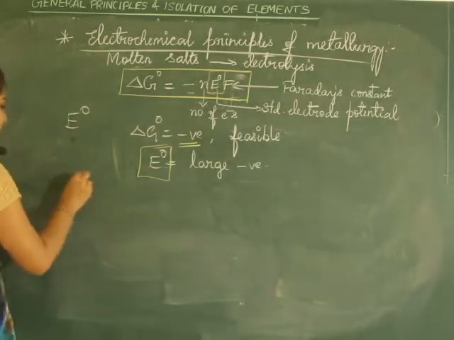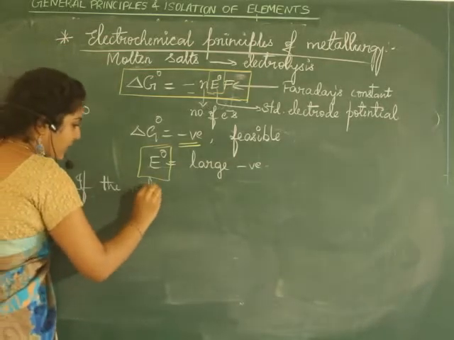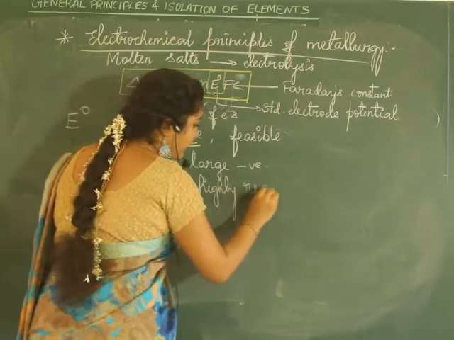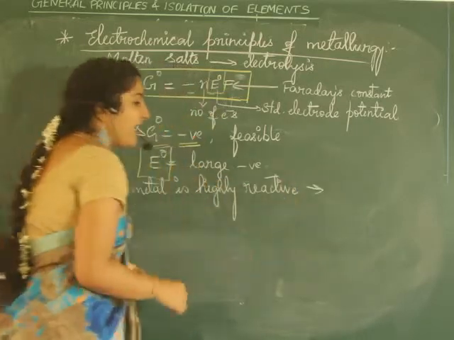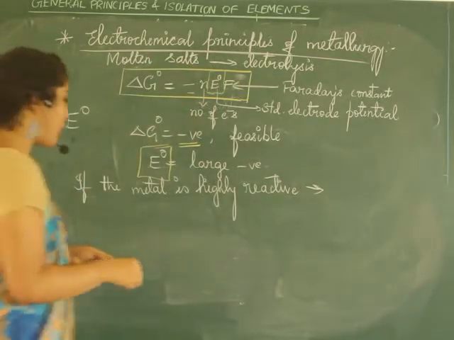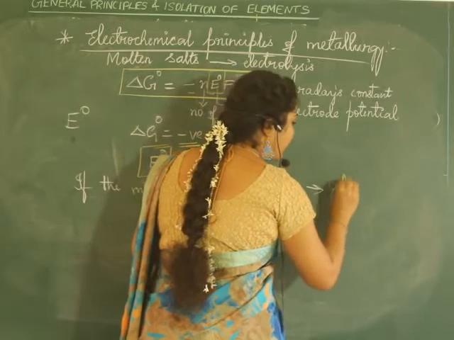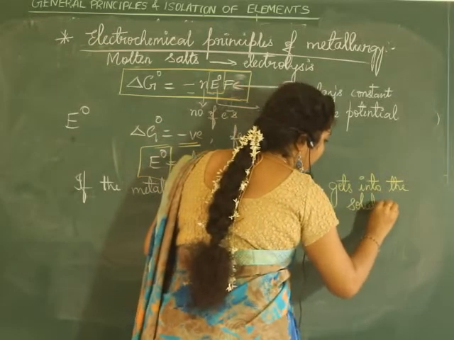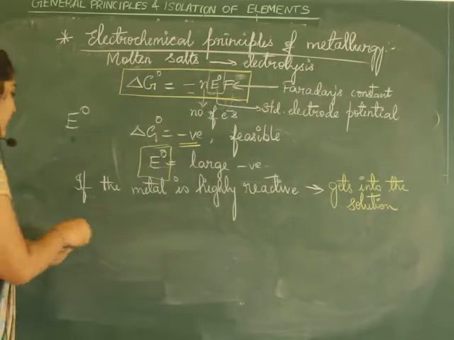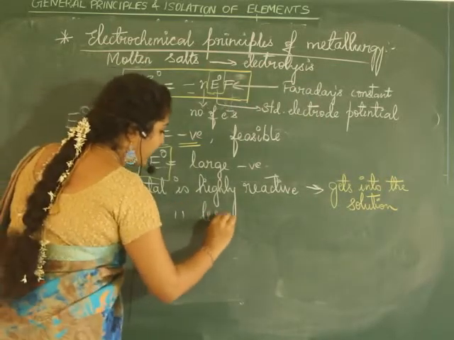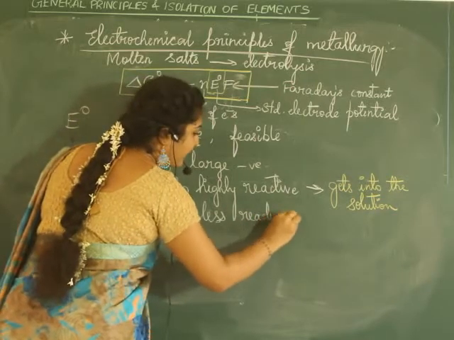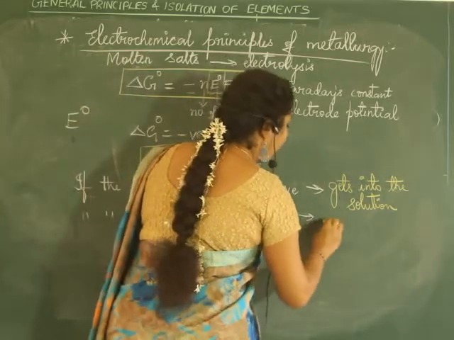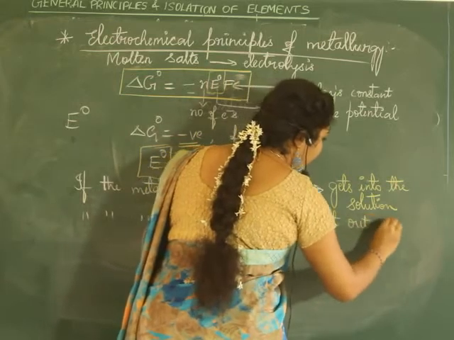If the metal is highly reactive, remember this condition, if the metal is highly reactive during the process of electrolysis, it gets into the solution, whereas the less reactive metal which will be present will get out of the solution.